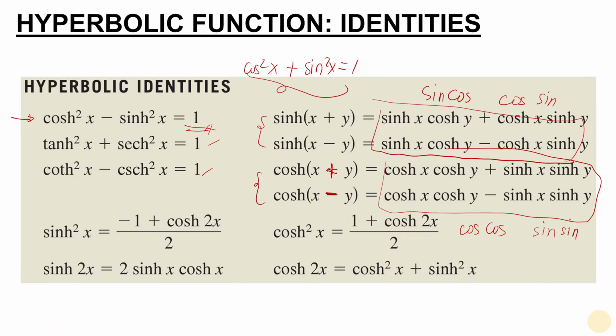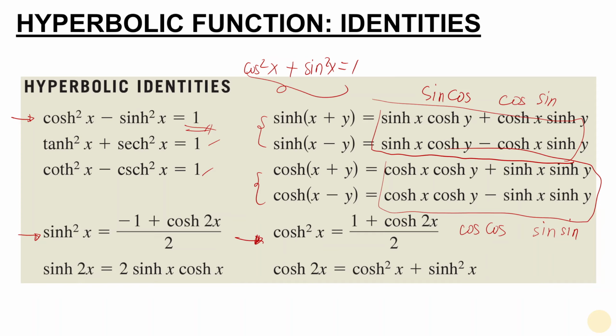Again, it is very important to know the identities of the hyperbolic functions to simplify our differentiation when we deal with hyperbolic functions. Our hyperbolic sine squared x is also equal to negative 1 plus hyperbolic cosine 2x all over 2.